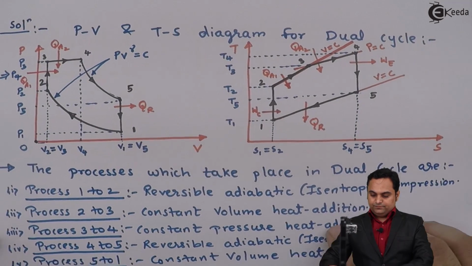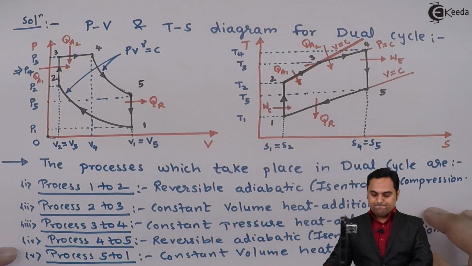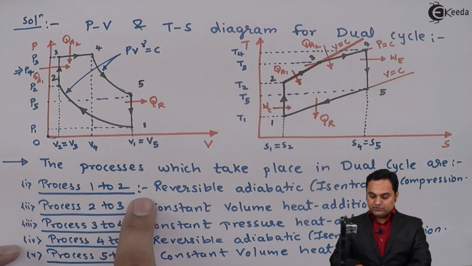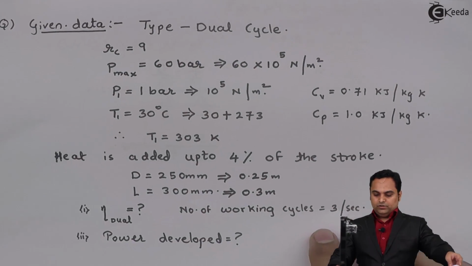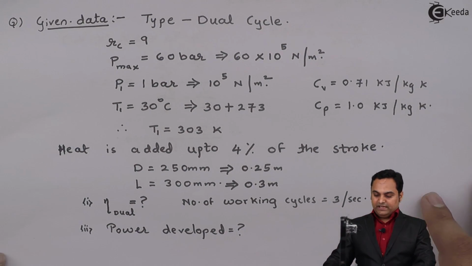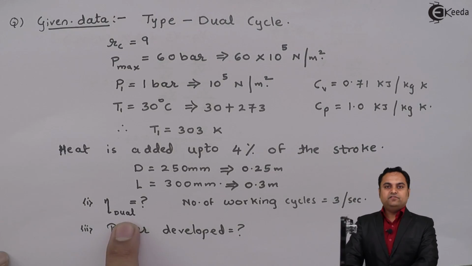As we have drawn the PV and TS diagram, I'll use the first process, 1 to 2, reversible adiabatic or isentropic compression. Now how to move further in this problem? If we look at the unknown, the question is to calculate the efficiency of dual cycle first.